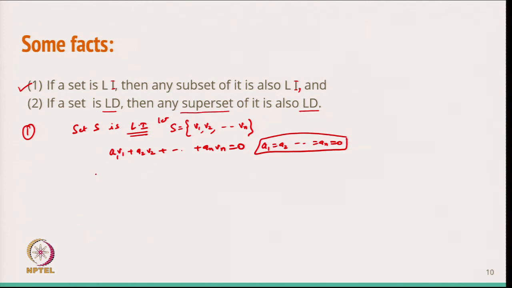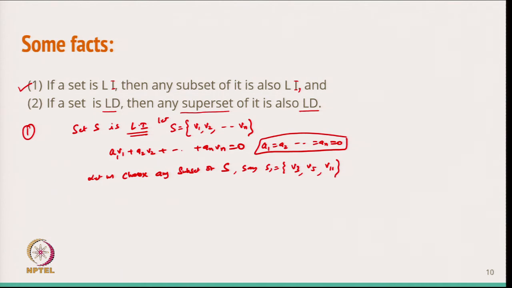Now, I take any subset of the set S. Let us say I choose S1 as just V3, V5 and maybe V11, just three members.